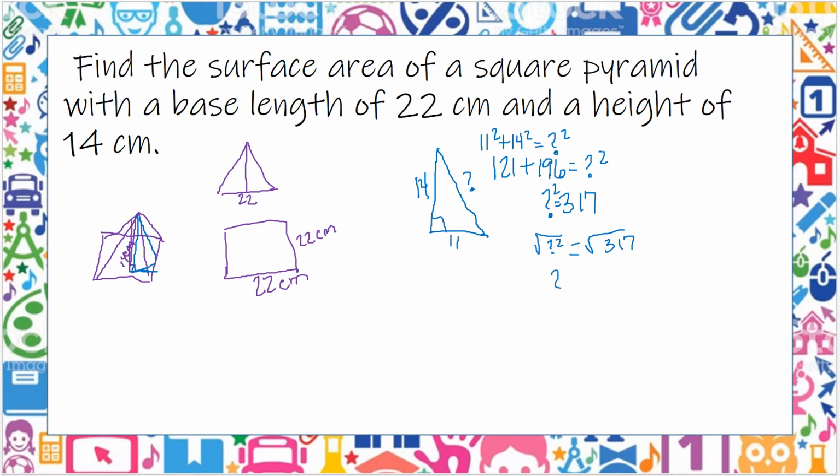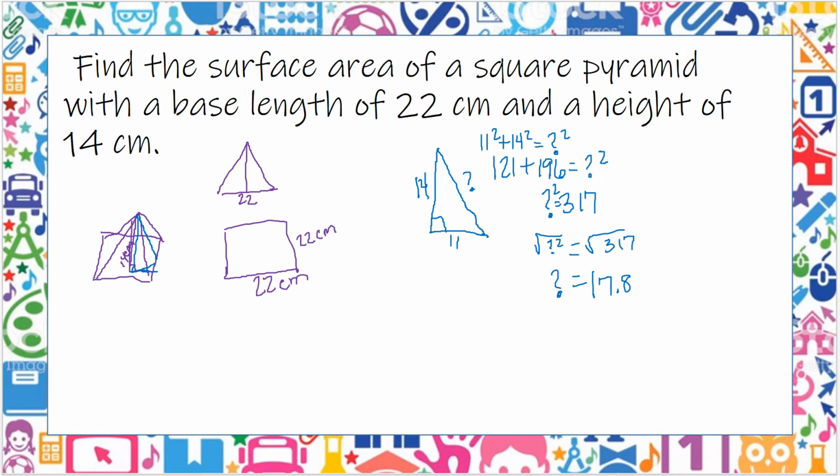So I'm going to just take the square root of 317 just to get us a roundabout number. So the square root of 317 is about 17.8.